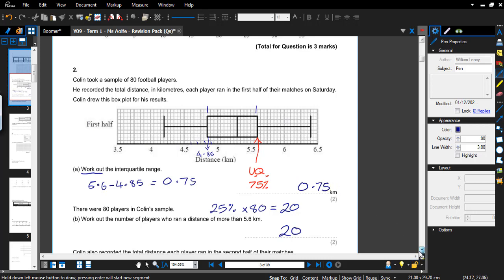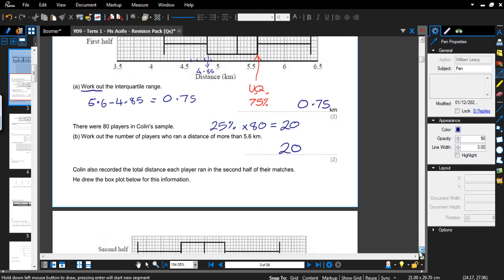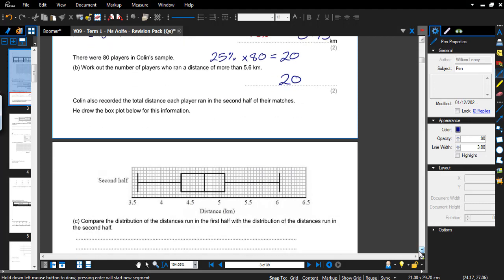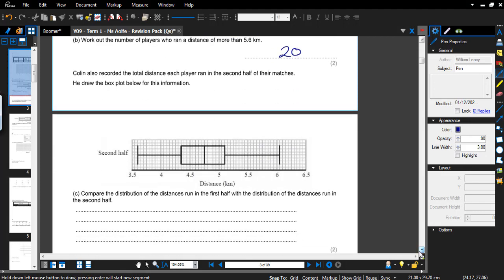Then compare the distributions. That was written down. You compare the medians, and then you say one median is bigger, therefore the average distance run is bigger. Then you comment on the interquartile range: the interquartile range for the second half was smaller than the first half.